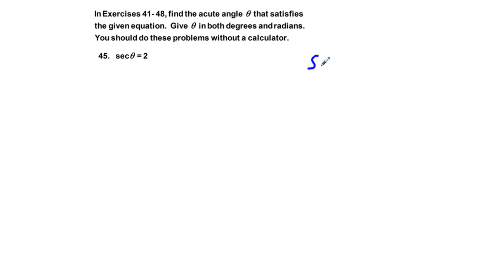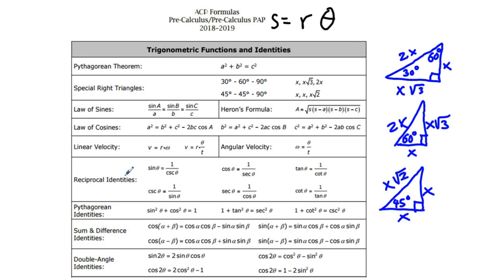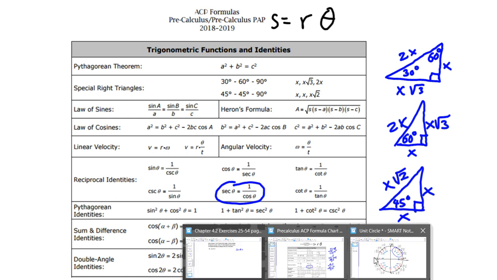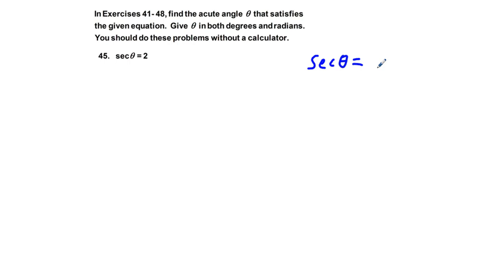Well, what is secant theta? We'll go to our ACP formula chart here. Secant theta is equal to 1 over cosine theta, or the reciprocal of cosine theta.